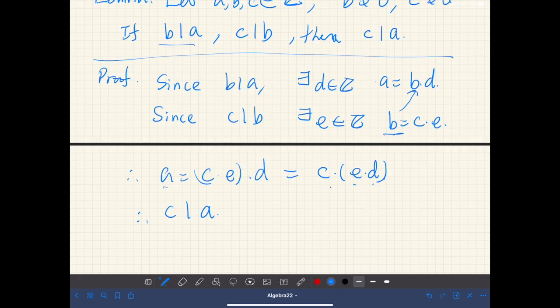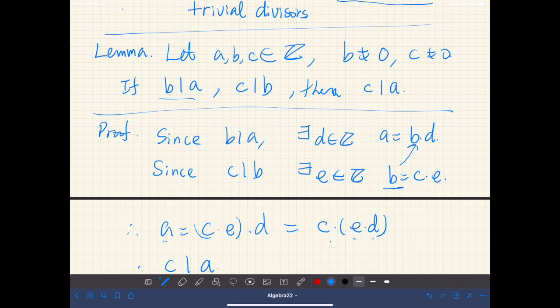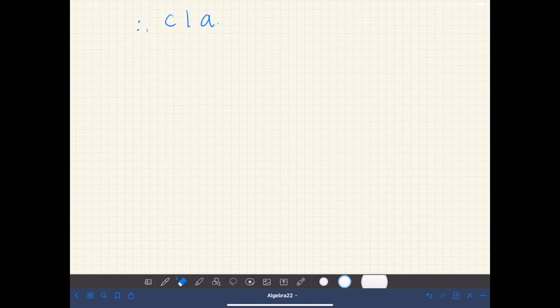So in other words, divisibility is transitive. So if this holds, then this holds. And it is easy to find some examples.